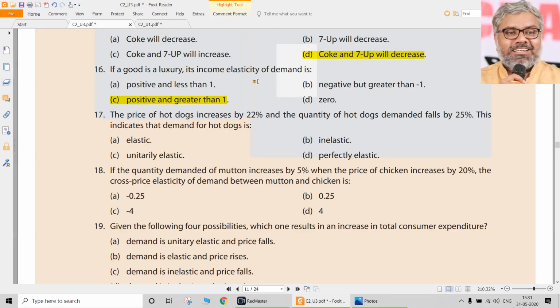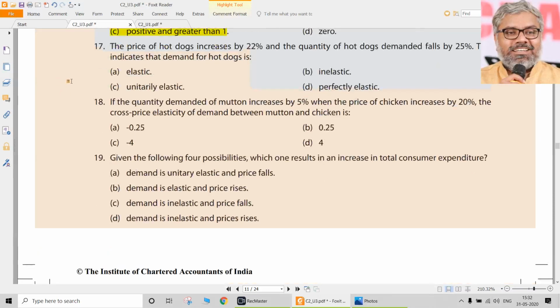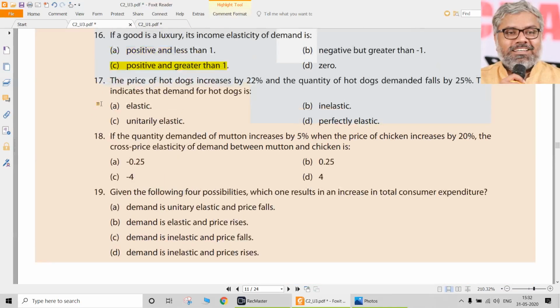There is a huge relationship between income and demand, which means the income elasticity of demand for luxury commodities is going to be stronger, numerically greater than 1. That is question number 16. Answer is C.